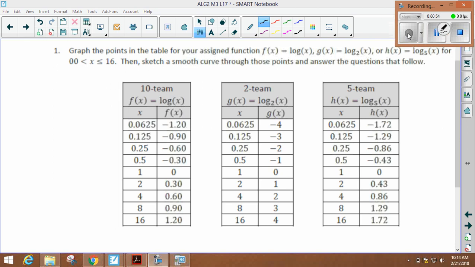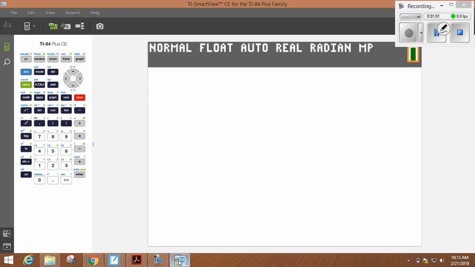All right, so let's just take a calculator approach to this. Go ahead and get out your handy dandy calculator. Hit y equals.